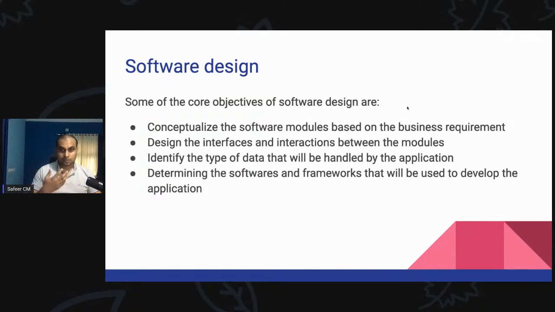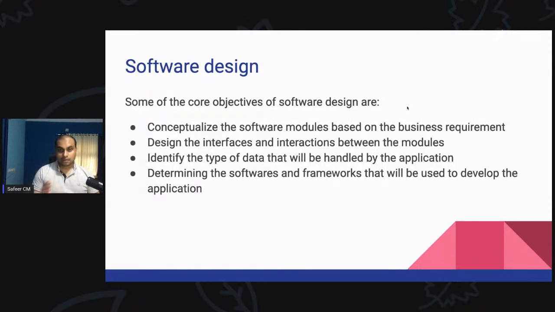When you conceptualize the software modules, you are talking more about the software that you are going to develop, not the underlying systems. That comes after that. So that is where you conceptualize your software modules, and then you decide that module X has to be integrated with Y, and at the same time it will be communicating in parallel with system A or system B. That is how you decide the interfacing.